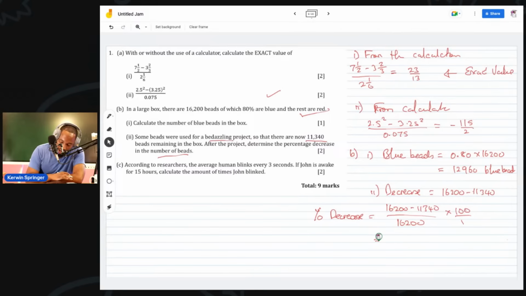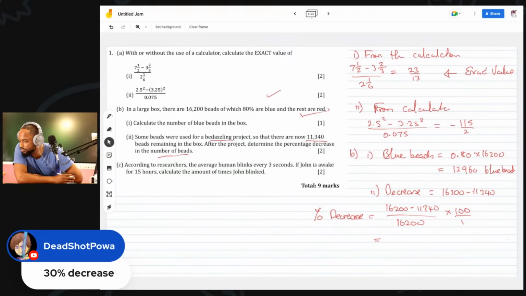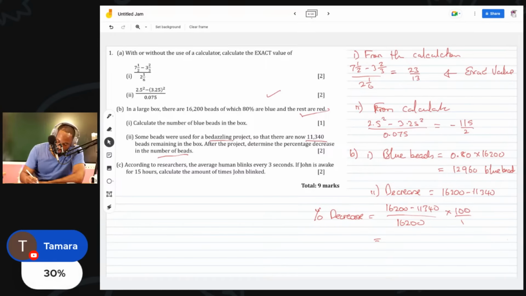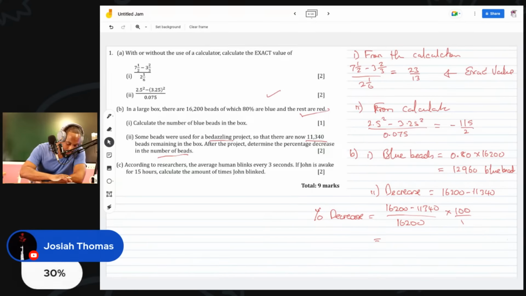And for that, you should get 30%. I get 30%.